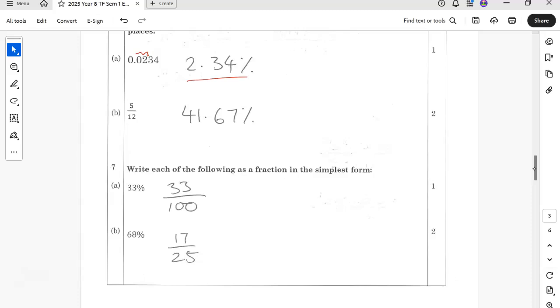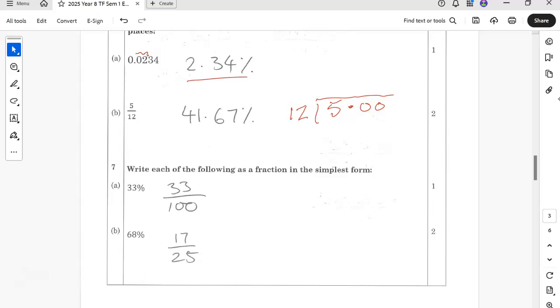This one here is 5 divided by 12. Actually, we want the decimal point to 2 decimal places.